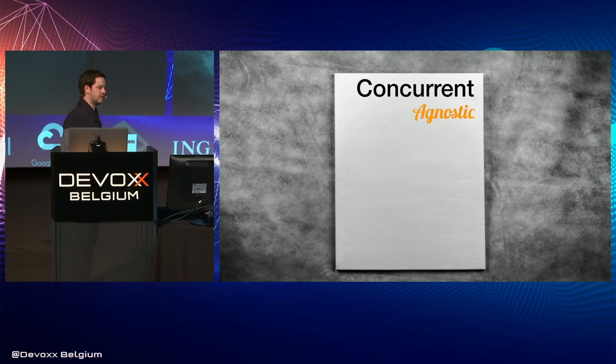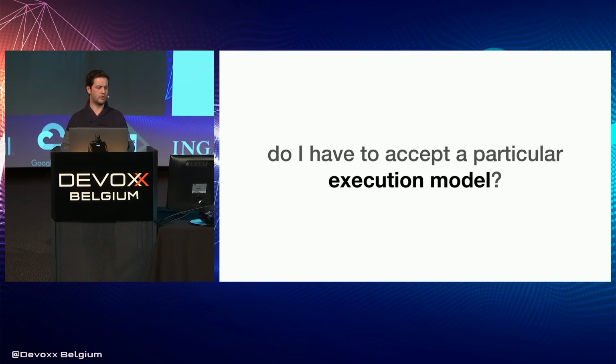Often, at this point, you start wondering, in terms of threads, how does that stuff work? And the answer generally is that Reactor is concurrency agnostic. So, do you have to accept a particular execution model?